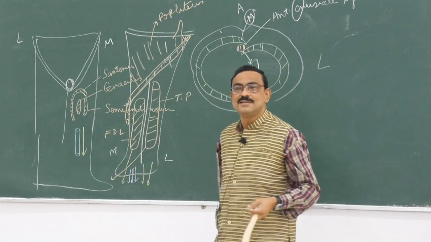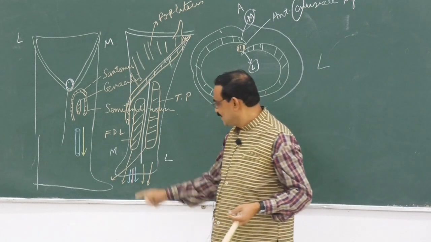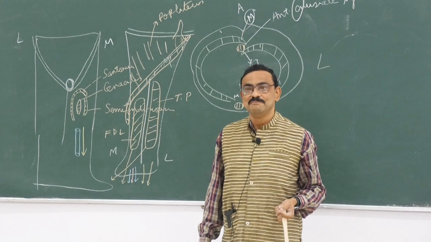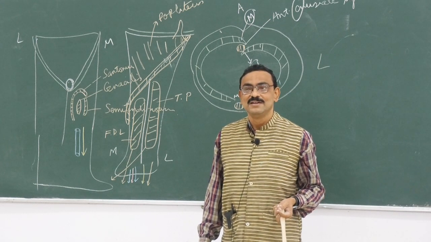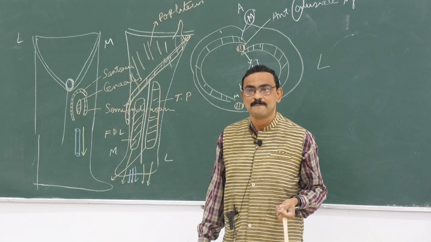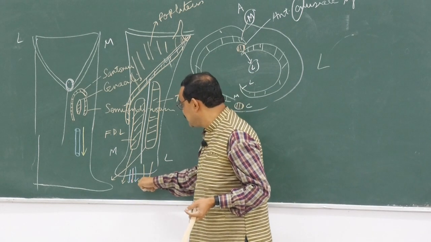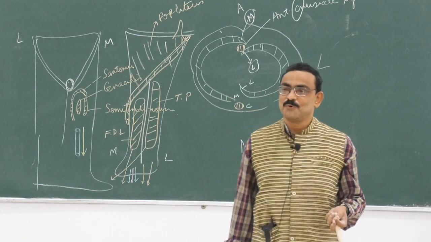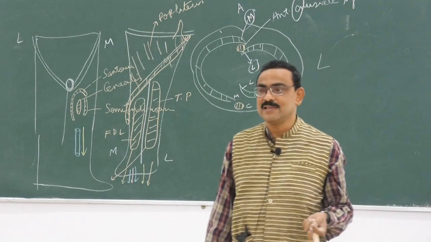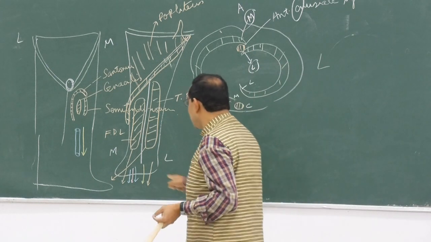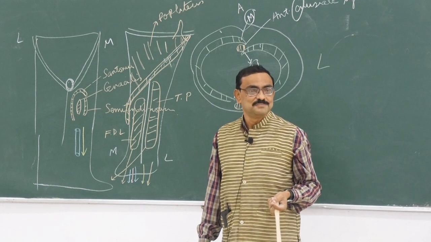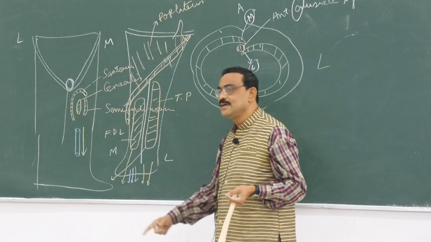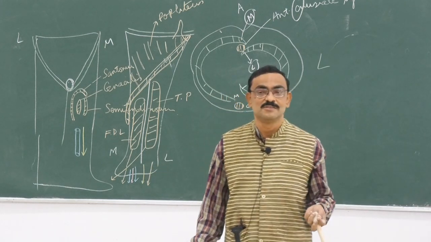Tibialis posterior, flexor digitorum longus, vein, artery, posterior tibial veins and posterior tibial artery, nakal nerve, that is the tibial nerve, and flexor hallucis longus.